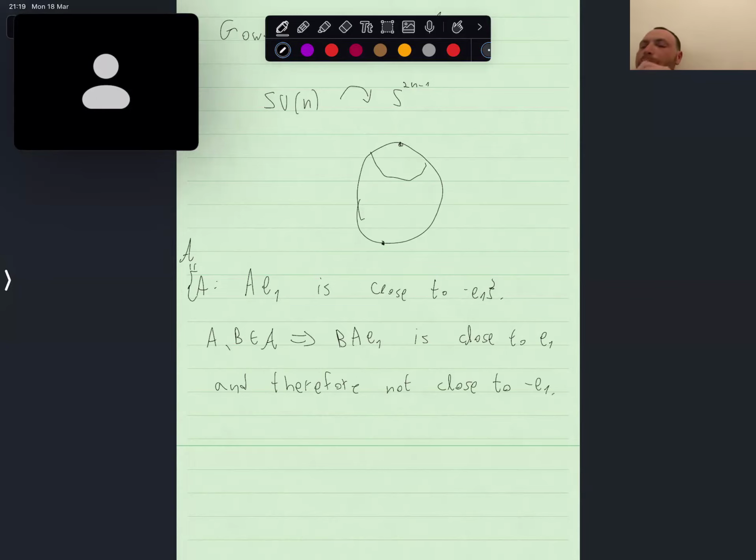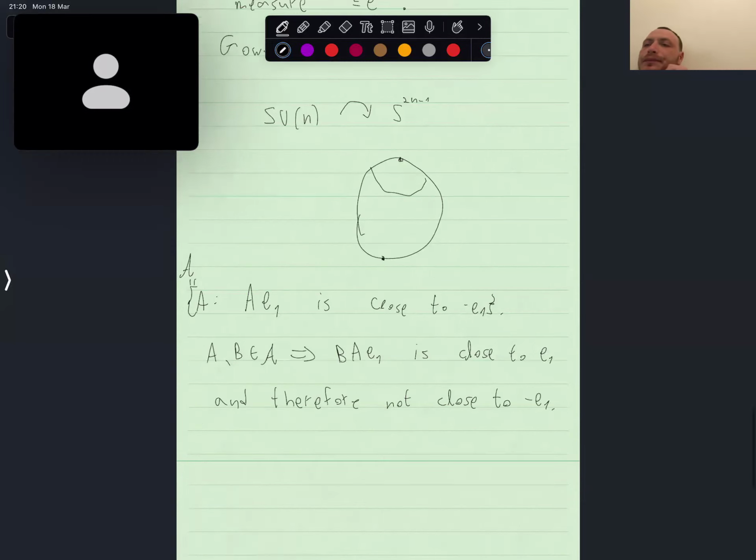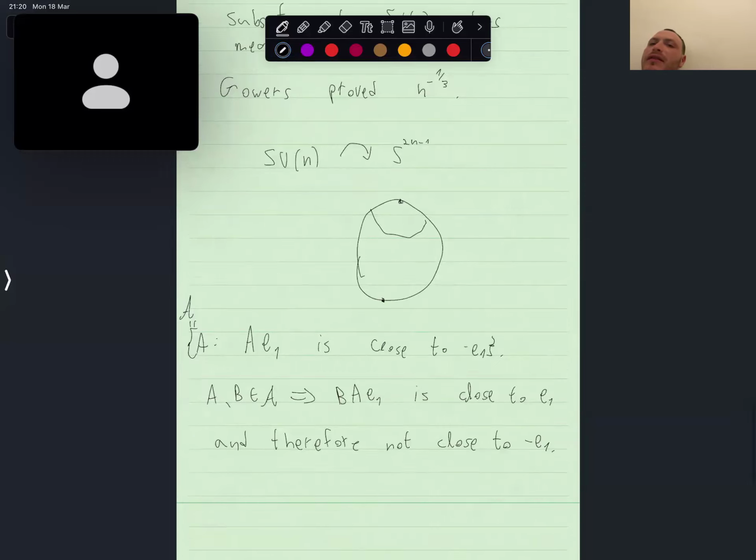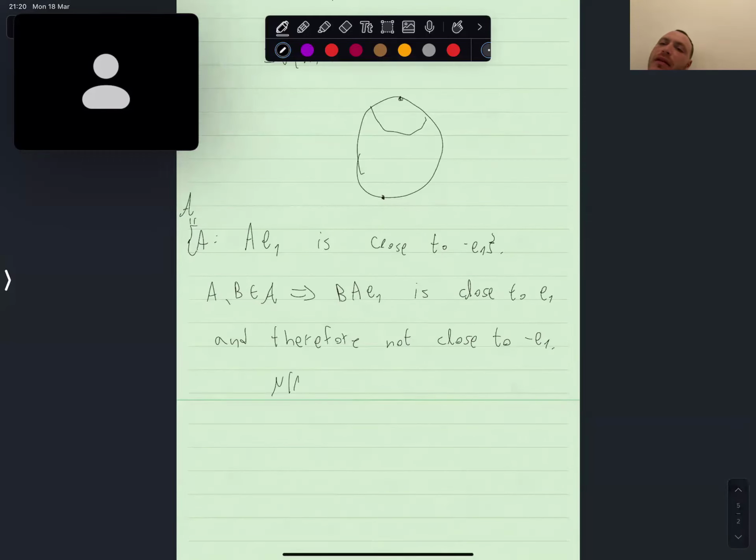And so you choose the parameters to optimize the definition of closeness. But anyways, since the sphere is of dimension 2n minus 1, the size of this product-free set is going to be e to the theta of n.